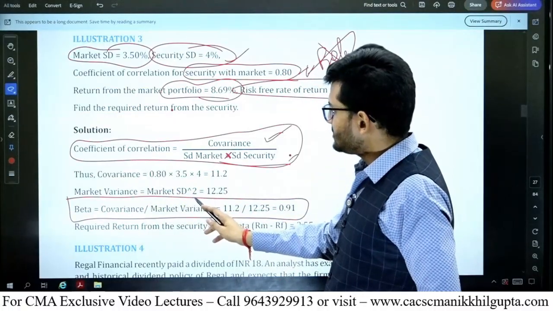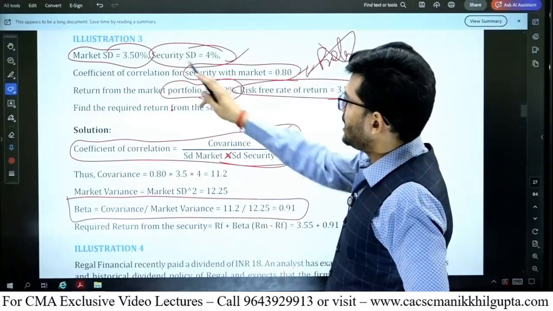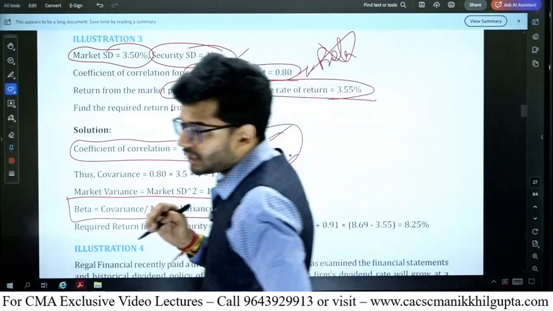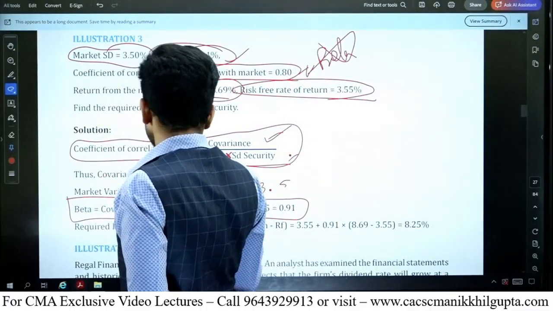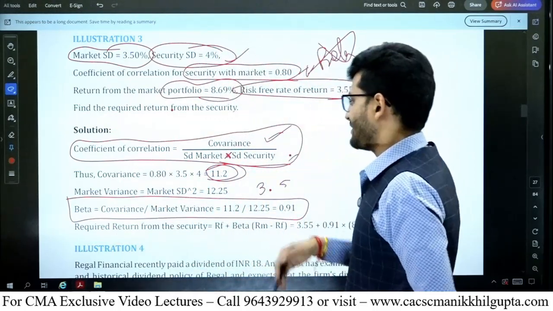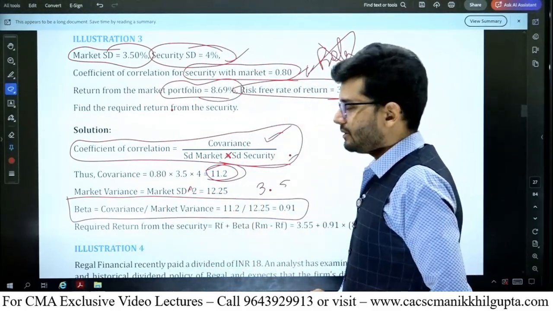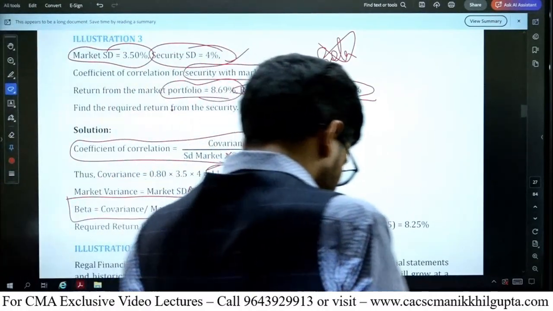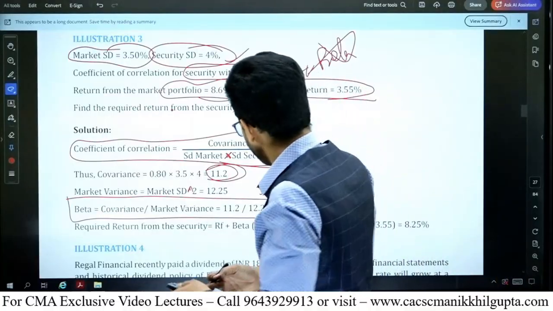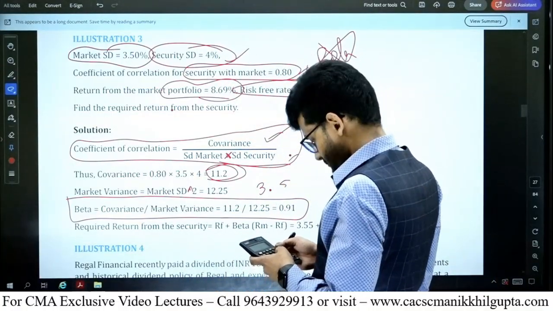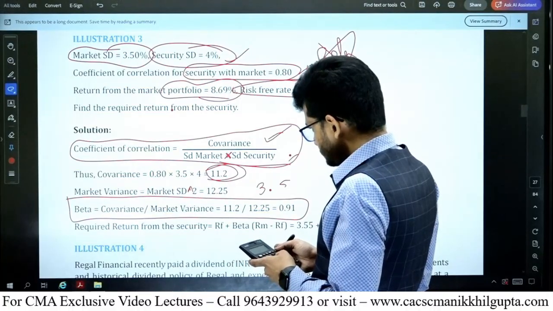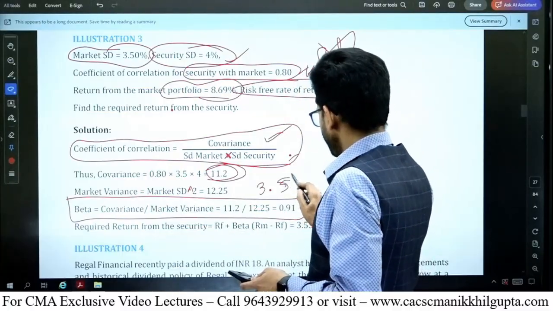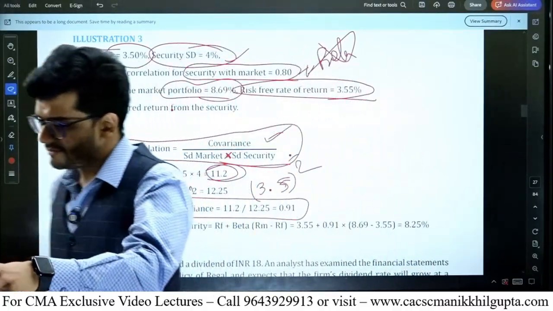Then market variance is market standard deviation raised to the power 2. The market standard deviation is 3.5, raised to the power 2.